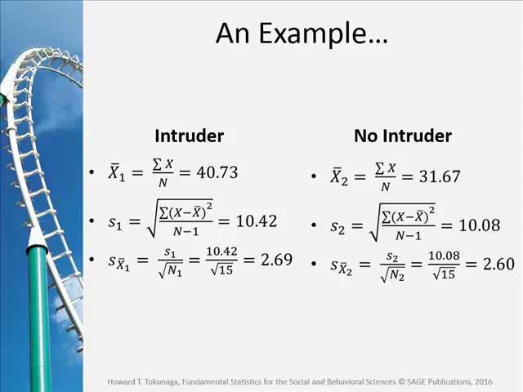That X bar, that is the mean. Tell me what that first number should be if you think that there's no effect. Right. If there's no effect of having an intruder behind you, the average amount of time it takes to leave the spot should be about the same, right?